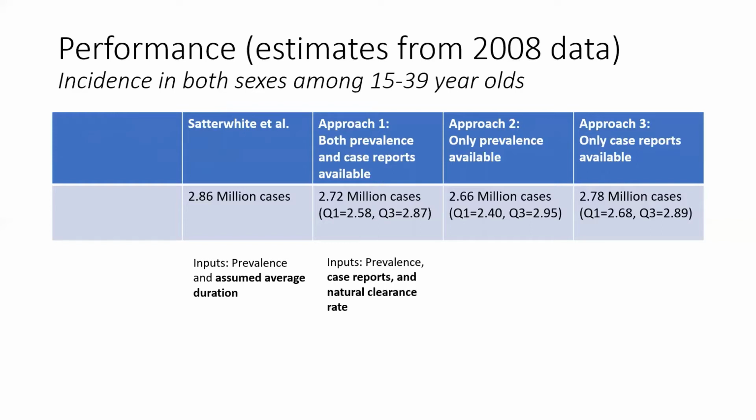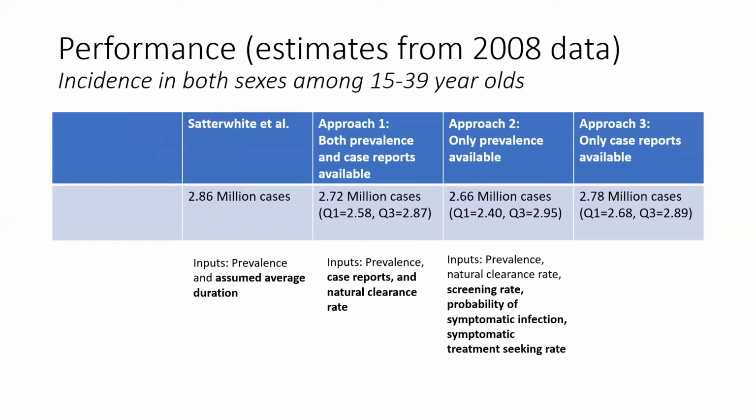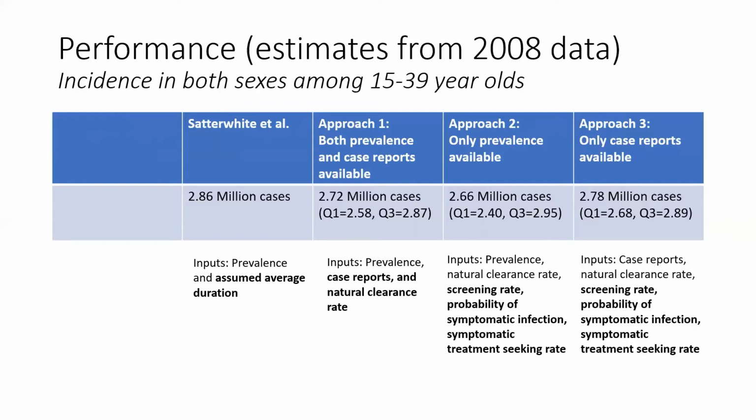These other methods take that into account. In approach one, we only had to include data on case reports and natural clearance, because we were mathematically able to ignore those other mechanisms. But as you can see here, we do have to take them into account in approach two and approach three.